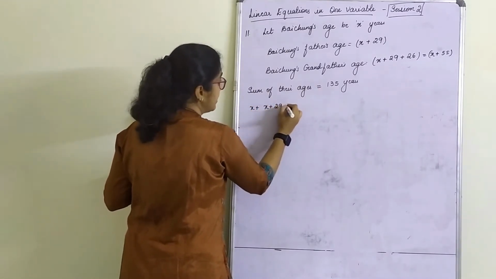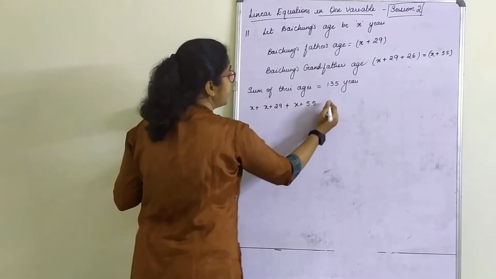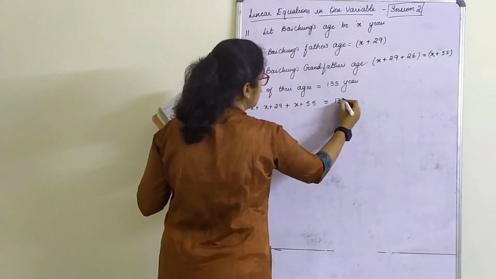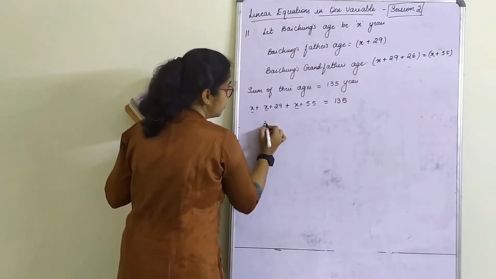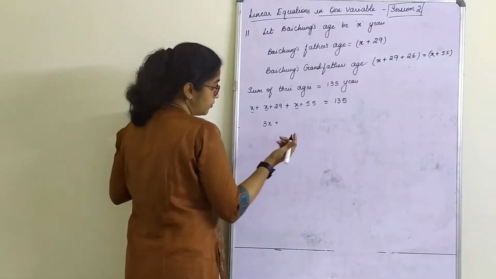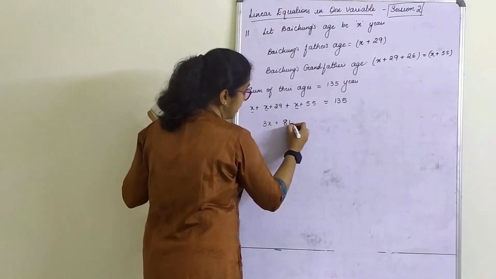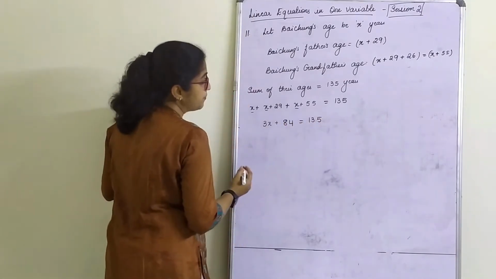x plus 29 plus x plus 55, that is equal to 135 years. x and x will give you 3x, plus 55 plus 29 will give you 84, that is equal to 135.